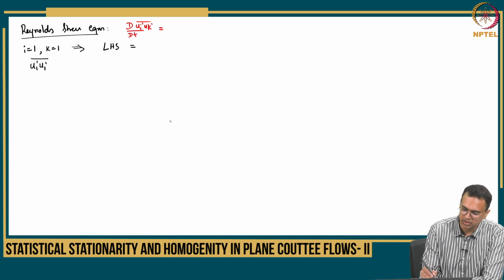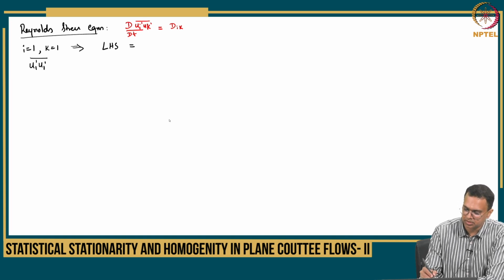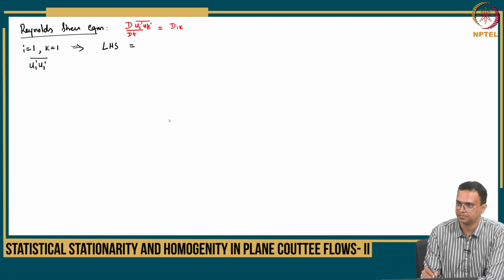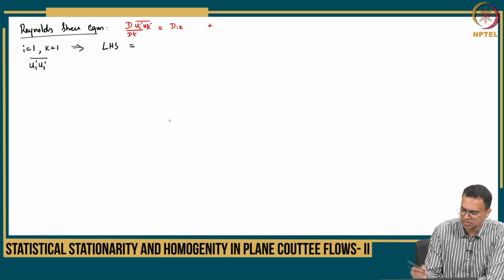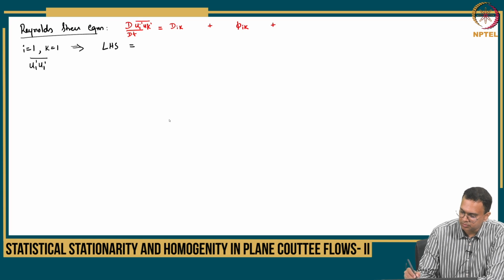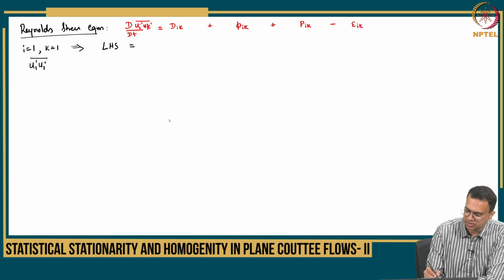Then we had the Dik term, not the j, the divergence term, Dik is the diffusion rate, plus the production rate, or the pressure strain rate term. Let me call it phi ik, and then I will use the production Pik, minus epsilon ik.